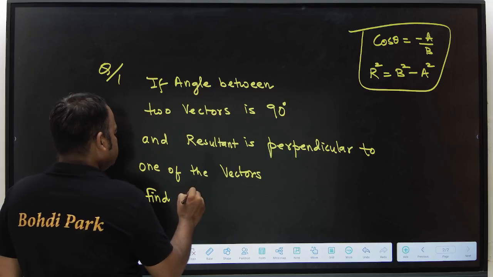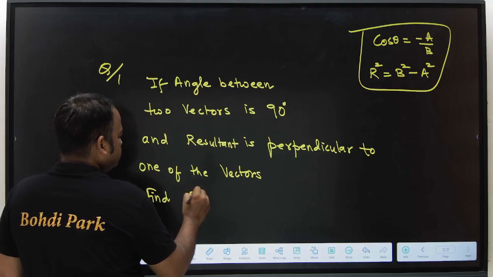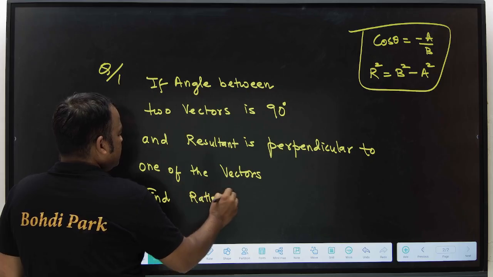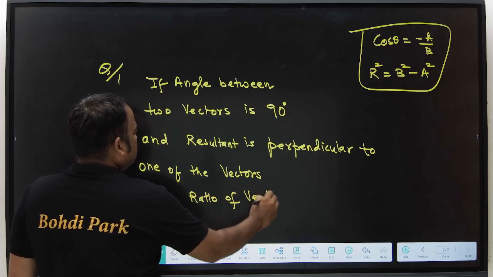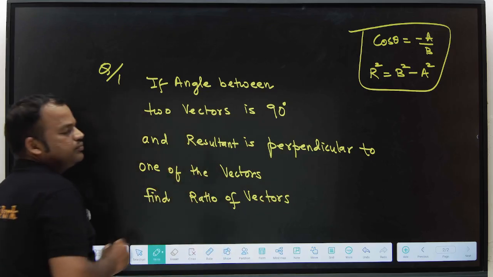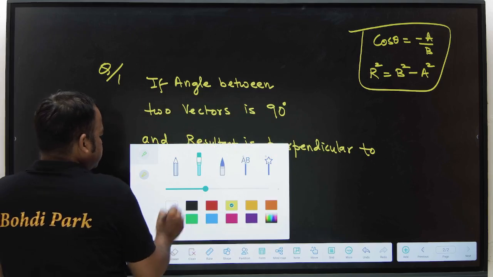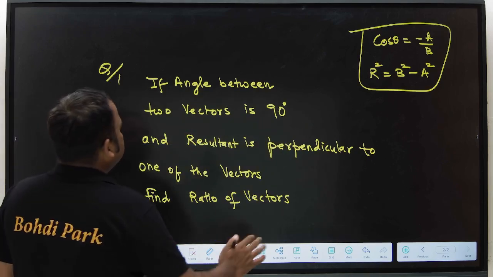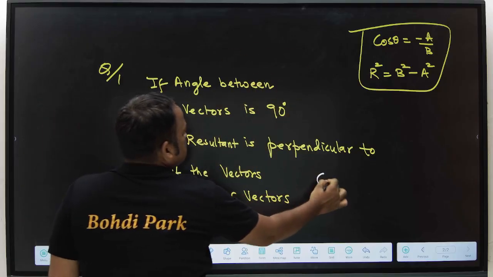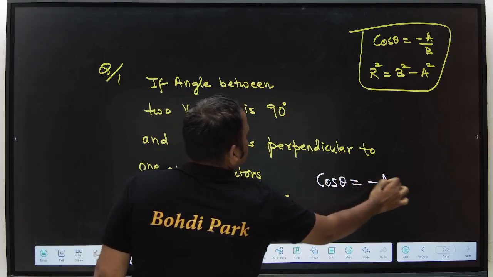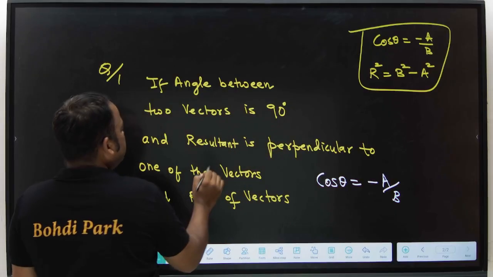Find ratio of vectors. So in this question we will use the direct shortcut formula. So we have cos theta is equal to minus a by b, and angle given here.